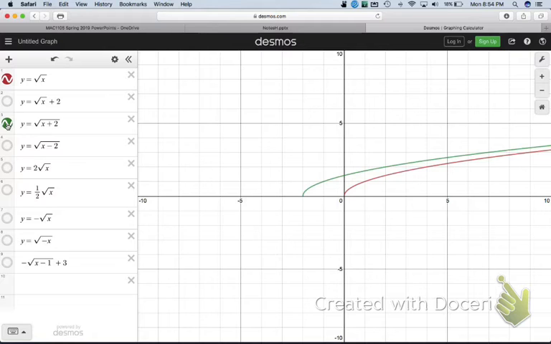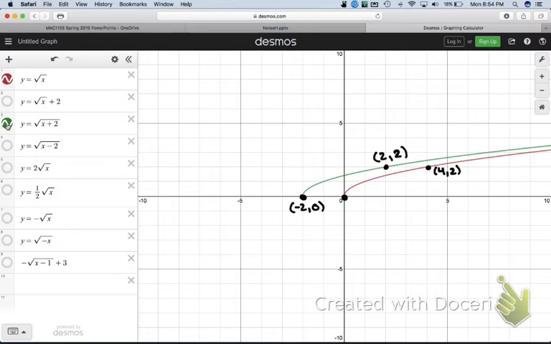That point 0, 0 that moved left 2 is now the point negative 2, 0. You might also want to think about that point 4, 2. If I move that to the left 2, what was 4, 2 becomes 2, 2. Like a ballerina, 2, 2.